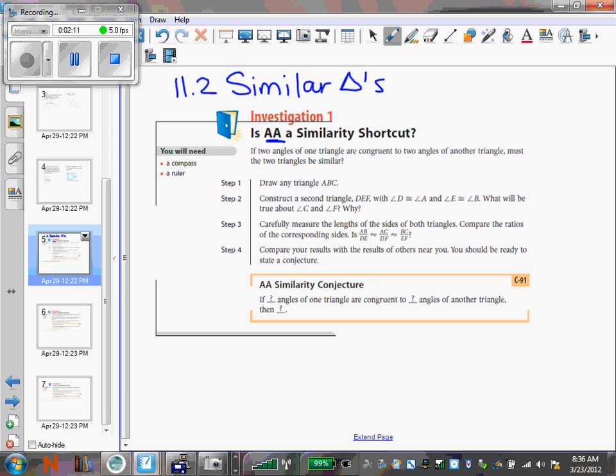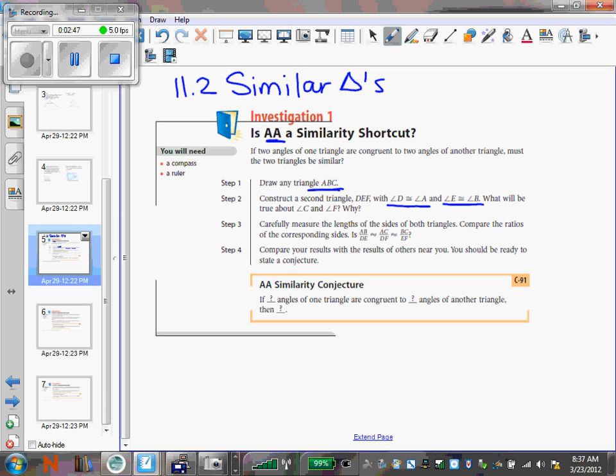I want you to draw any size triangle ABC on a piece of paper and label it triangle ABC. Then you're going to construct a second triangle, DEF, with angle D congruent to angle A and angle E congruent to angle B. To copy those angles and make sure they're congruent, use a compass, a protractor, or a piece of patty paper.